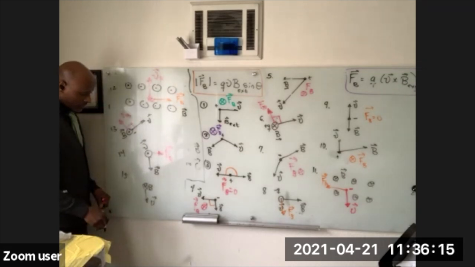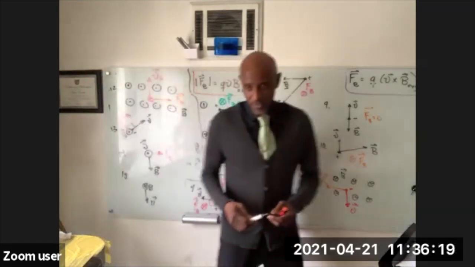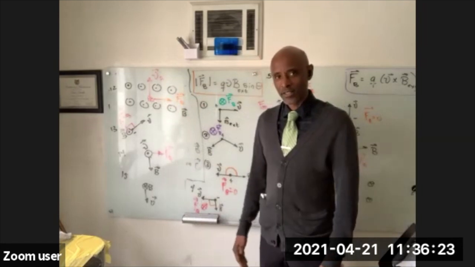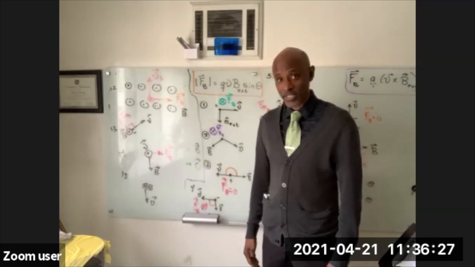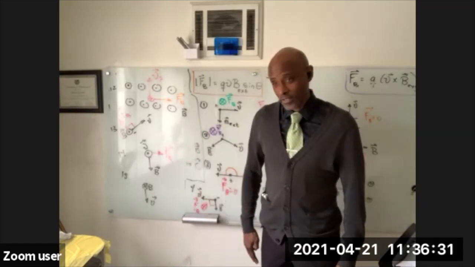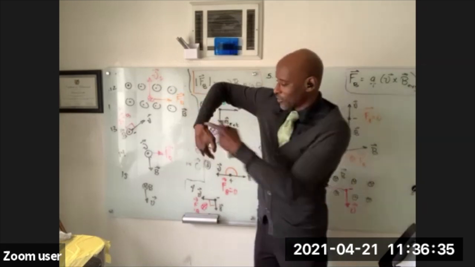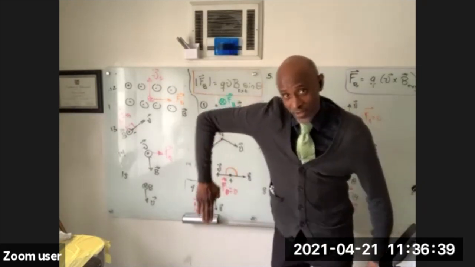So first, make your hand parallel to B. Now V is straight down, so it's got to be like this. Try not to have any bends in your hand, like have the whole forearm and your hand straight down.